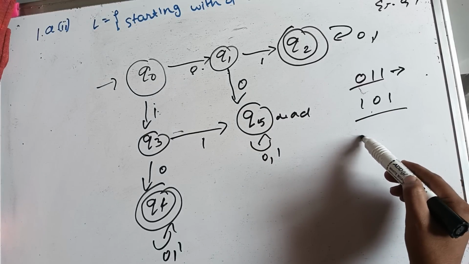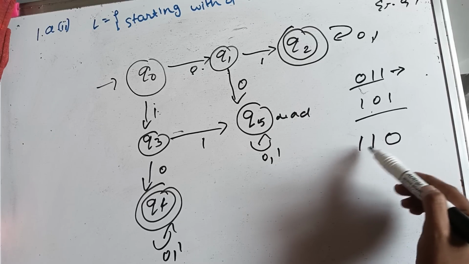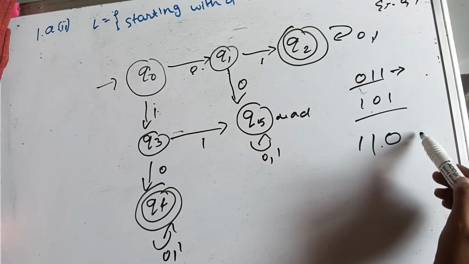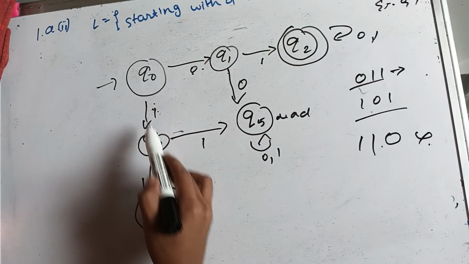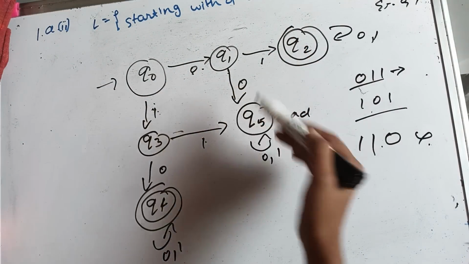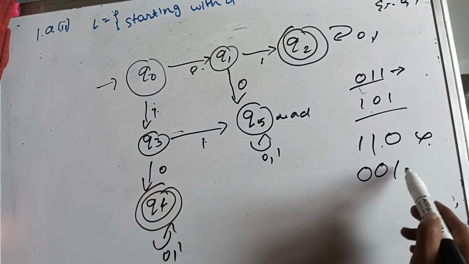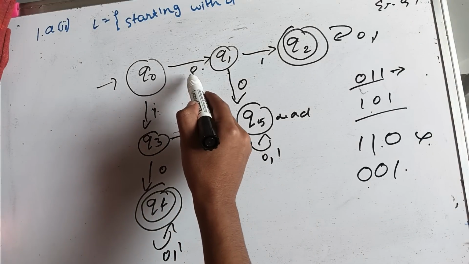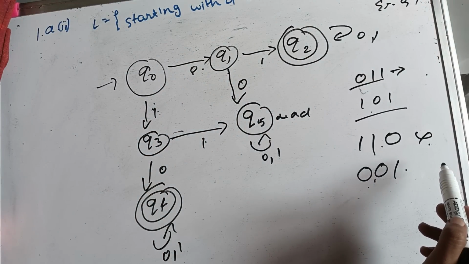And what about 1 1 0? Starting with 1 1 happens here, so it needs to be rejected according to the condition. Let's check this 1, and if 1 comes again it goes to the dead state. The DFA is defining that too. And 0 0 1 needs to be rejected now, so if 0 and again 0 comes, it will reject these strings, okay.